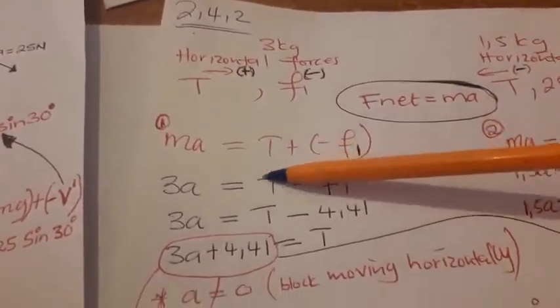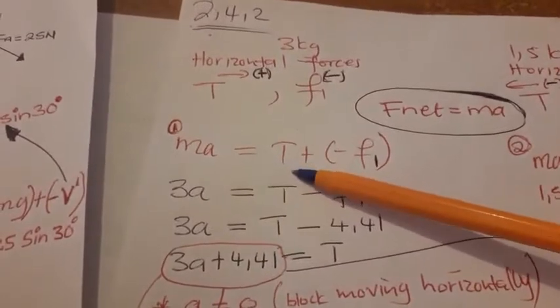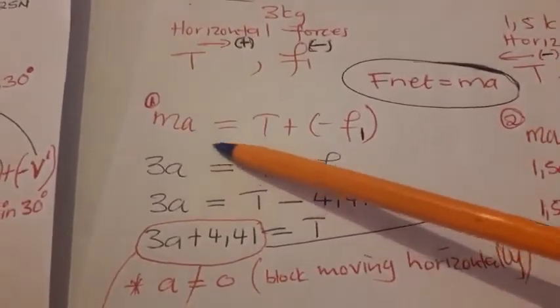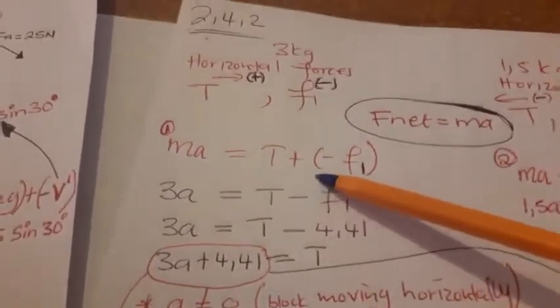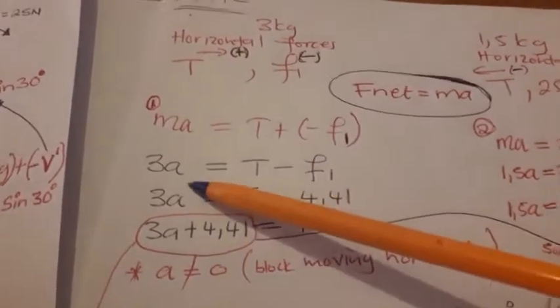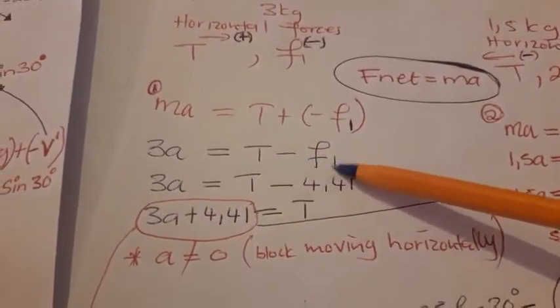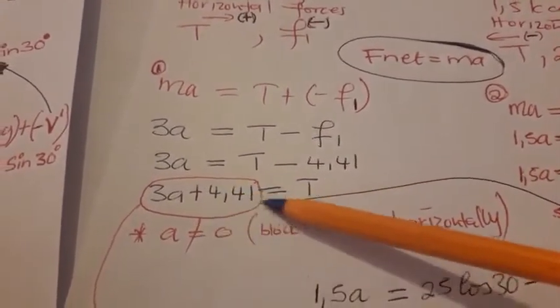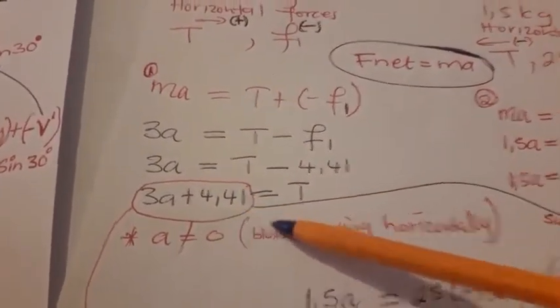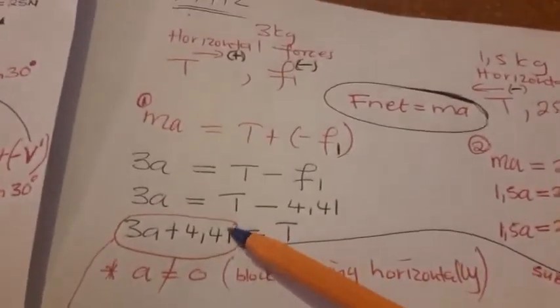Once we are done with that, we use our expressions of net force to calculate the tension. In the first case, we form an equation using F net = ma for the 3 kg: T minus F1 equals 3a, so T equals 3a plus 4.41. Then we hold this equation.